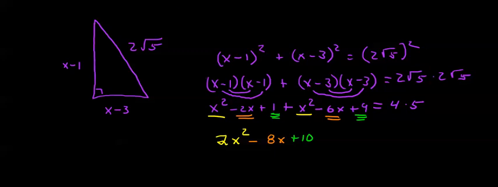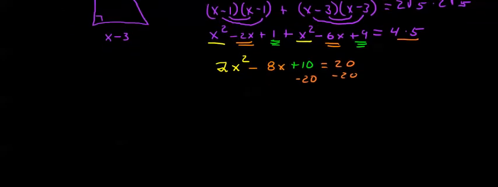And lastly, 4 times 5 is 20. I'm going to subtract 20 from both sides, and we end up with 2x squared minus 8x minus 10 equals 0.